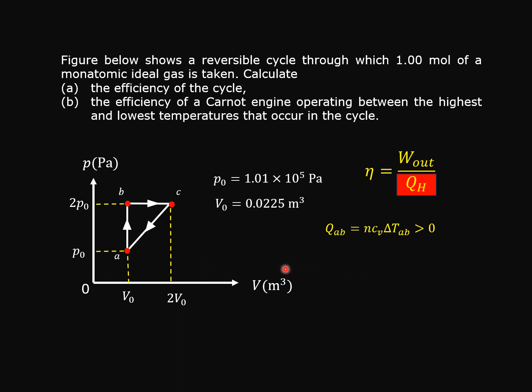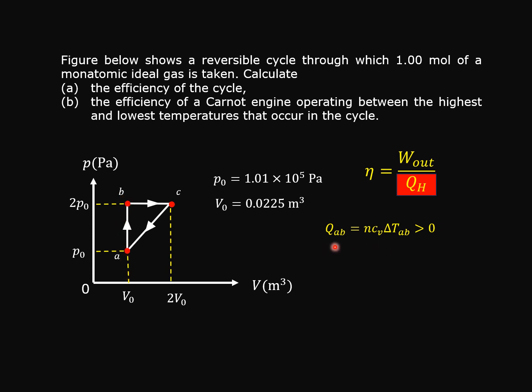Now we can easily check in which process the heat is absorbed by the gas, and in which process the heat is released by the gas. For the process from state A to state B, this is an isochoric process because the volume is constant.